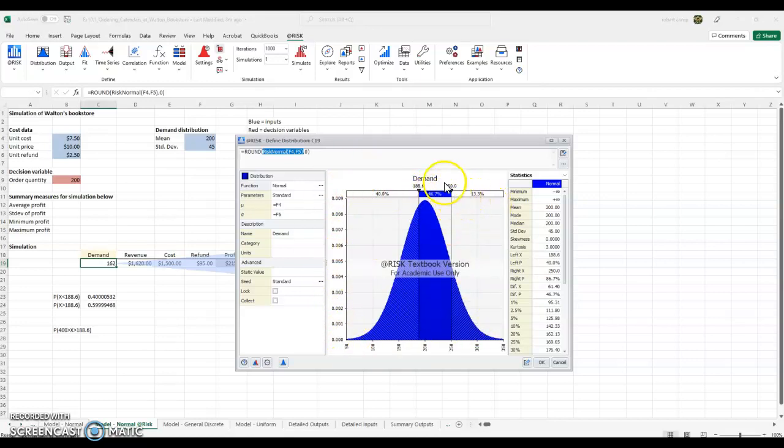The ones that are above 250 would be 13%, but right here between 188.6 and 250, 46.7% of the results are going to reside within that band. So once again, this is a really easy way of generating statistical information very quickly.